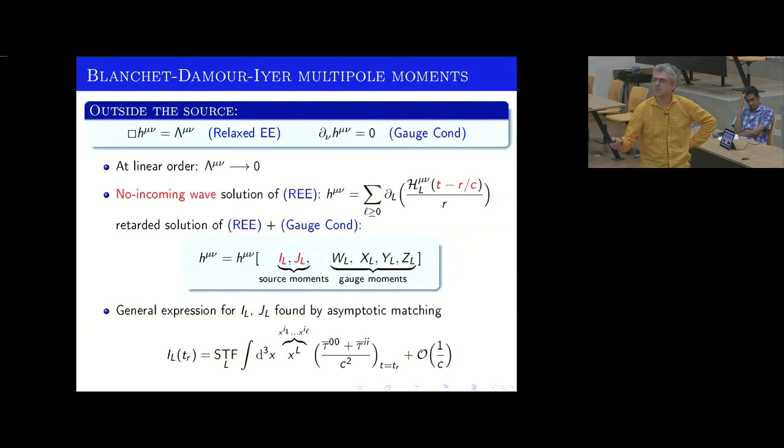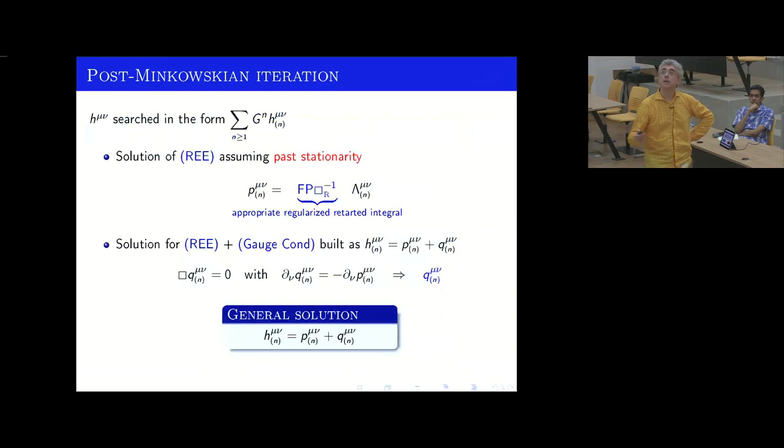So for instance, this is made with the effective stress energy tensor. Here, this is a kernel depending on the position appearing in the integration here. It's a space integration. This means symmetric trace-free over the indices L. And there are corrections to that formula. I didn't put them. They are not so important to understand what's going on here.